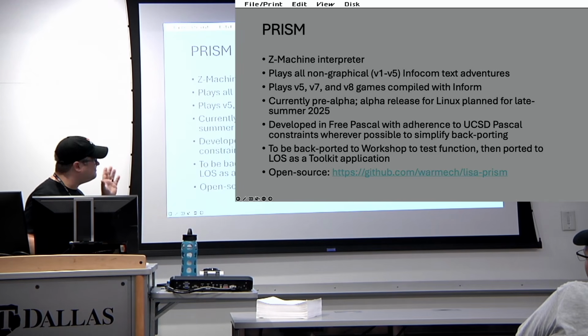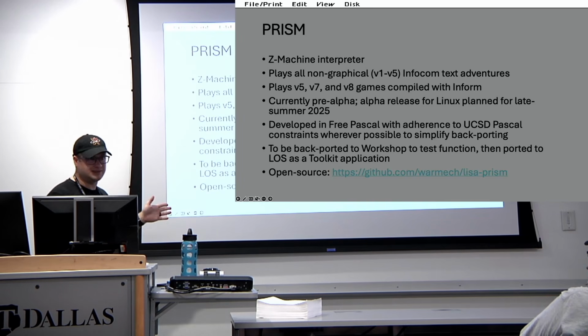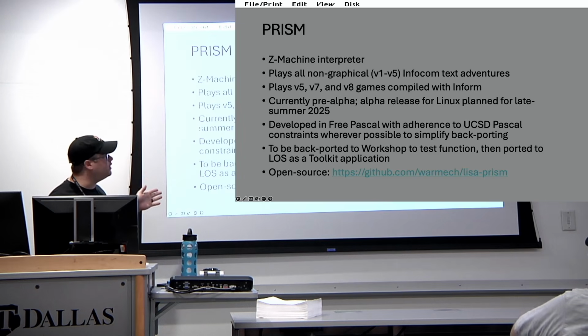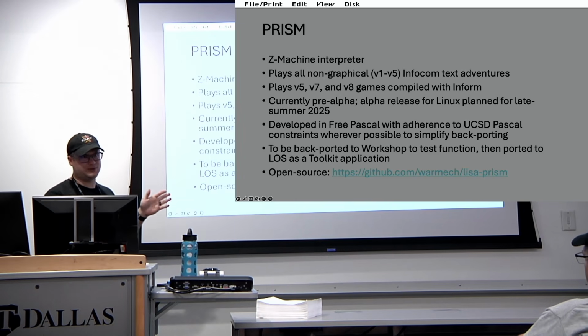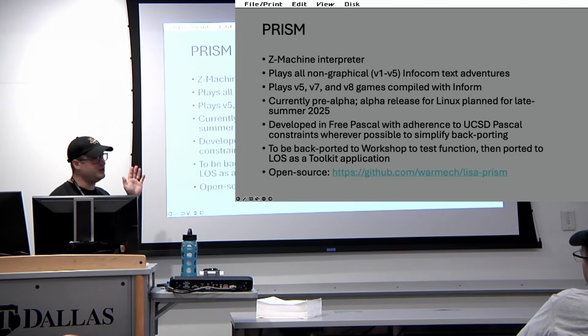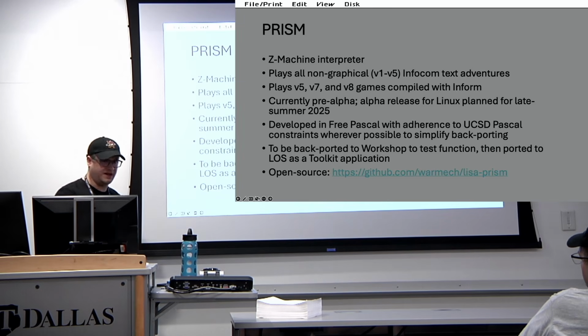It's about 80% done. It's being written in Free Pascal in Linux, and I have tried to maintain as strict a compatibility with UCSD Pascal, which is sort of the immediate precursor to the Lisa's Pascal. It runs a variant of UCSD Pascal with some minor changes to it.